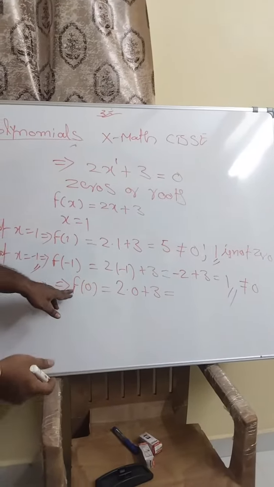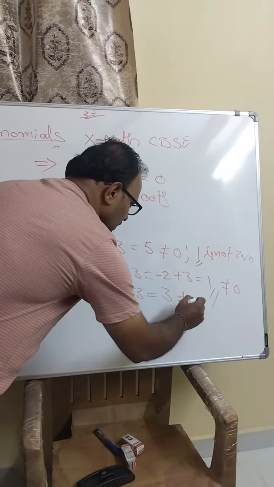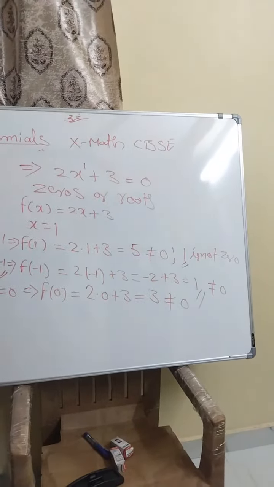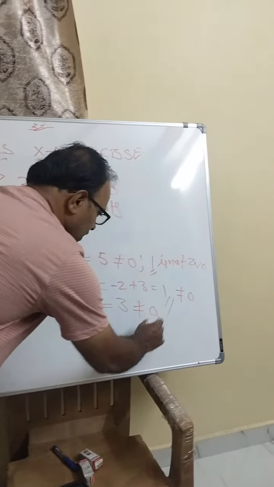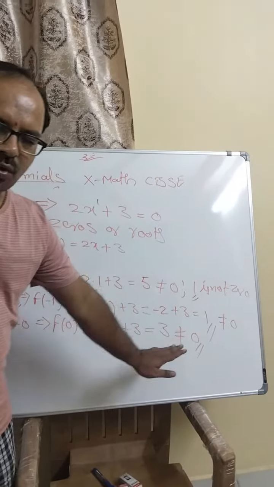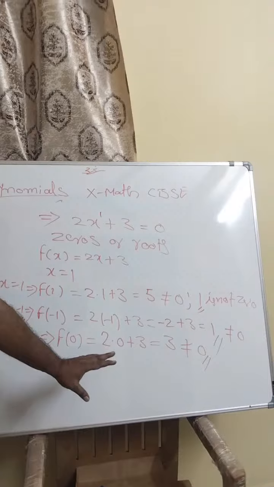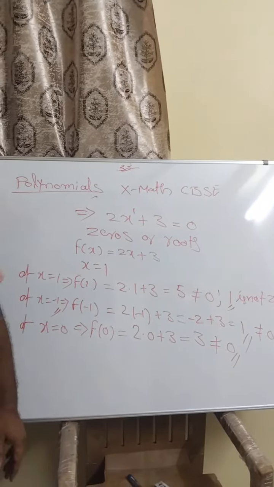No, because f of 0 is 3, which is not equal to 0. So the numerical value 0 is not a root or zero of this expression f of x.